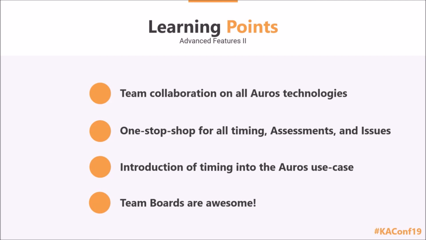And that collaboration allows one spot to go for everything that they need to understand what's happening in that project. And it introduces this new to Auros, this idea of timing, where we have the logical timing, the top-down timing, and the deliverable timing, ad hoc deliverable timing. And so I think we did a good job of covering those three. So Sean, the last one. Team boards are still awesome.